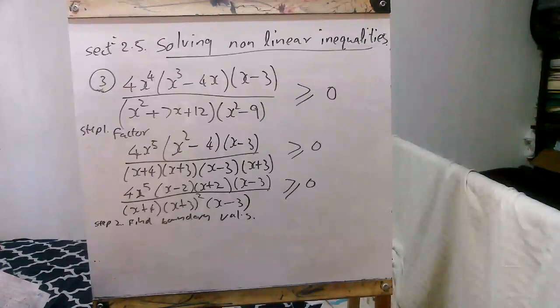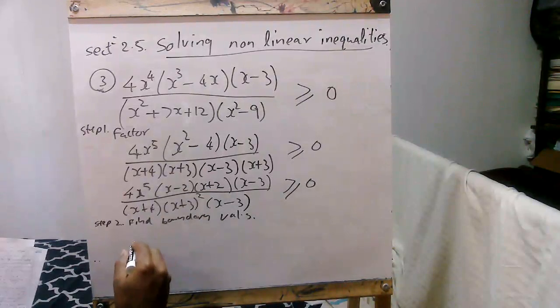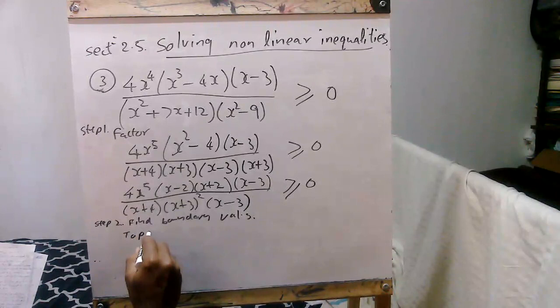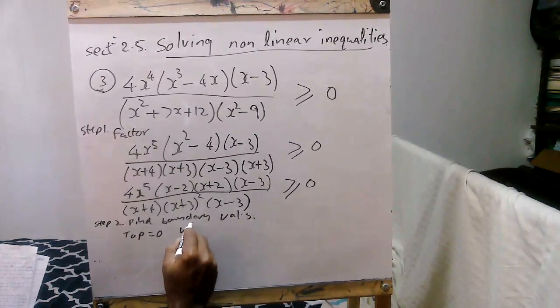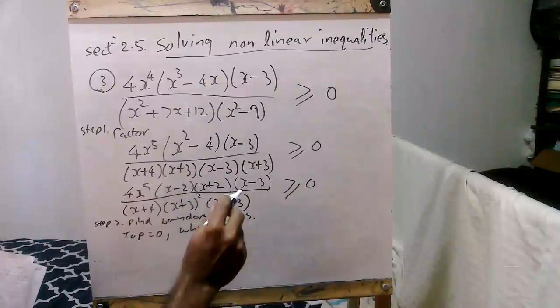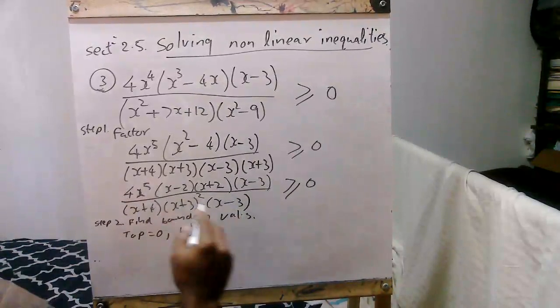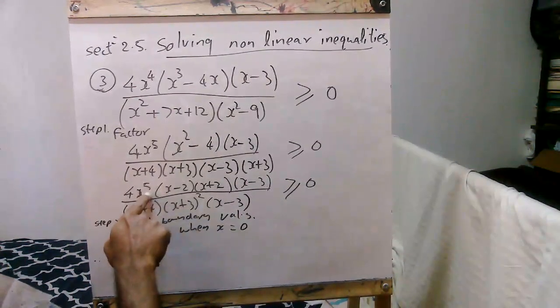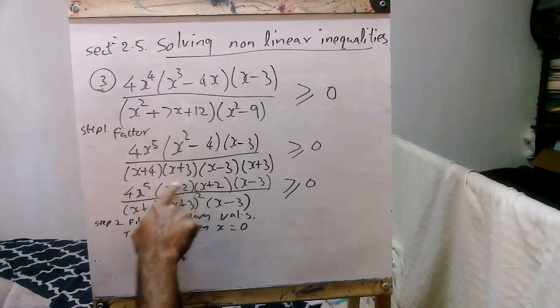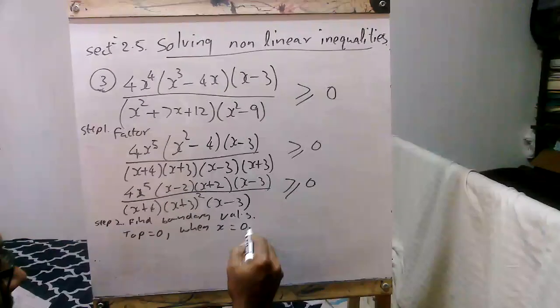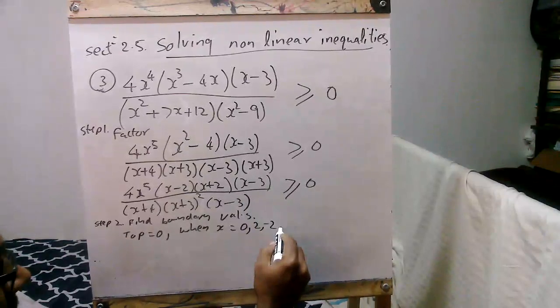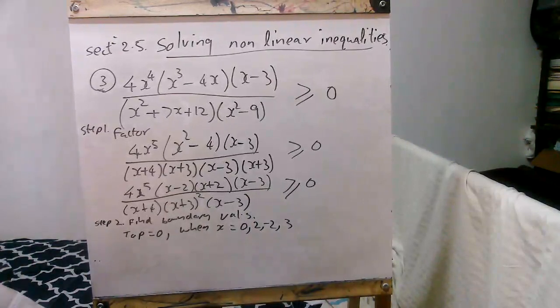Now top equal to 0 when, since it is all factored, just looking at this we can say when x equal to 0, when this is equal to 0, x equal to 2, -2, and 3, right?